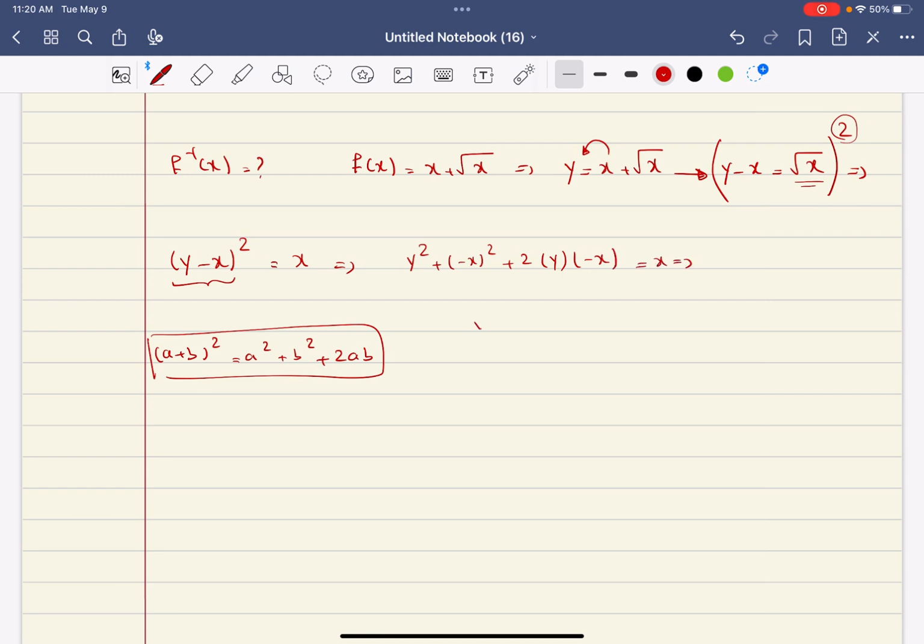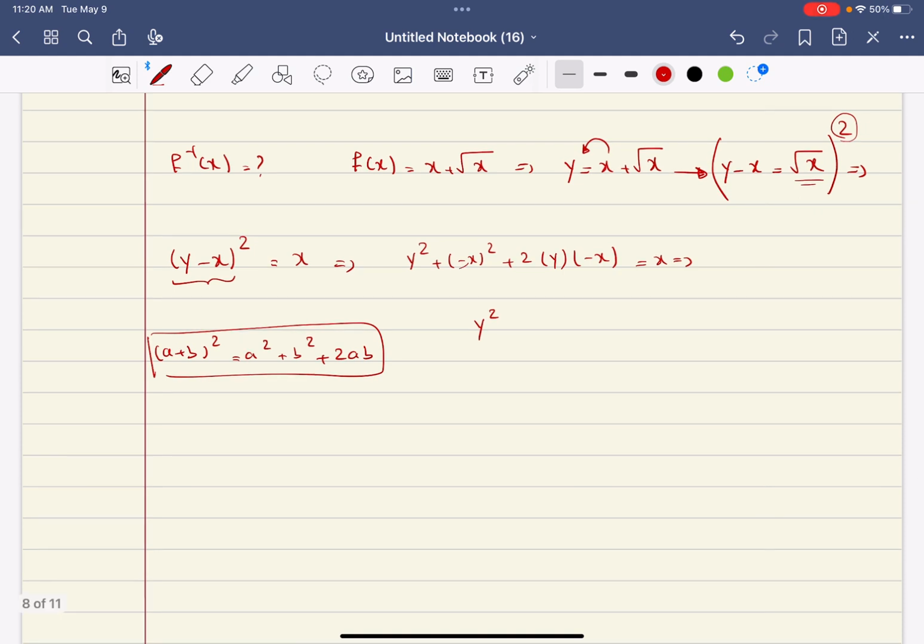Then the y would be y to the power of 2. Negative to the power of 2 would be positive. Positive times negative would be negative 2xy. I'm going to move this part to the left hand side, equals 0.